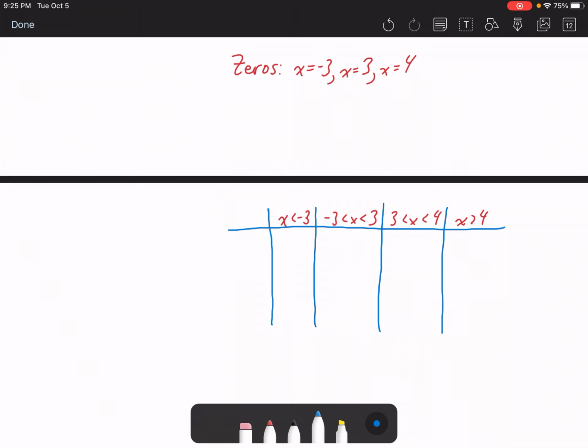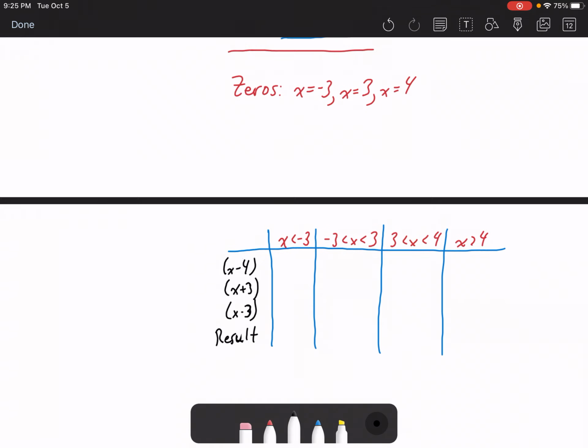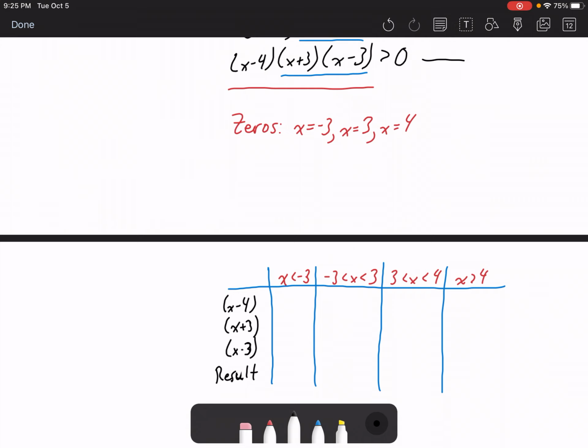We wrote our factors along the side, whatever factors we had, including constants and negatives or positive values. And again, we were interested in whatever this result turned out to be. We're interested in our result being positive, greater than 0.